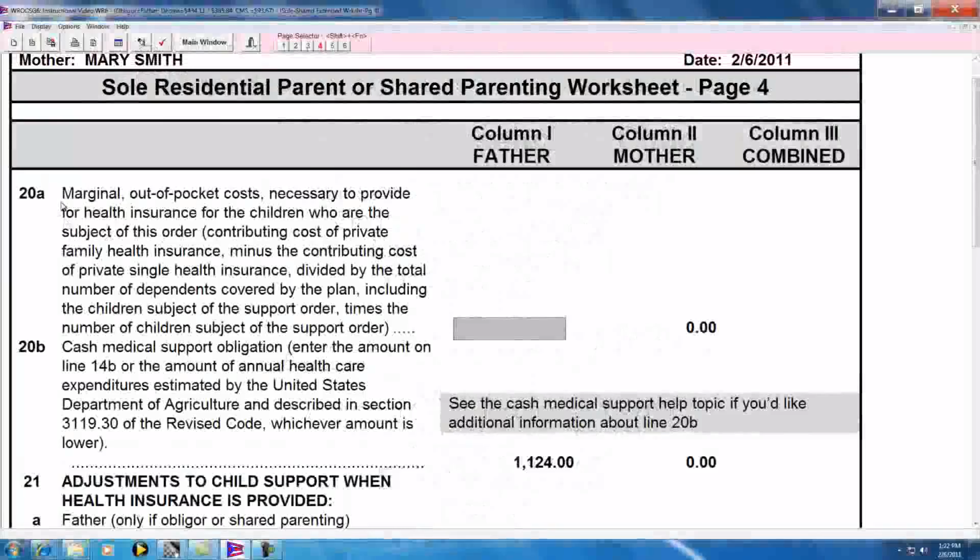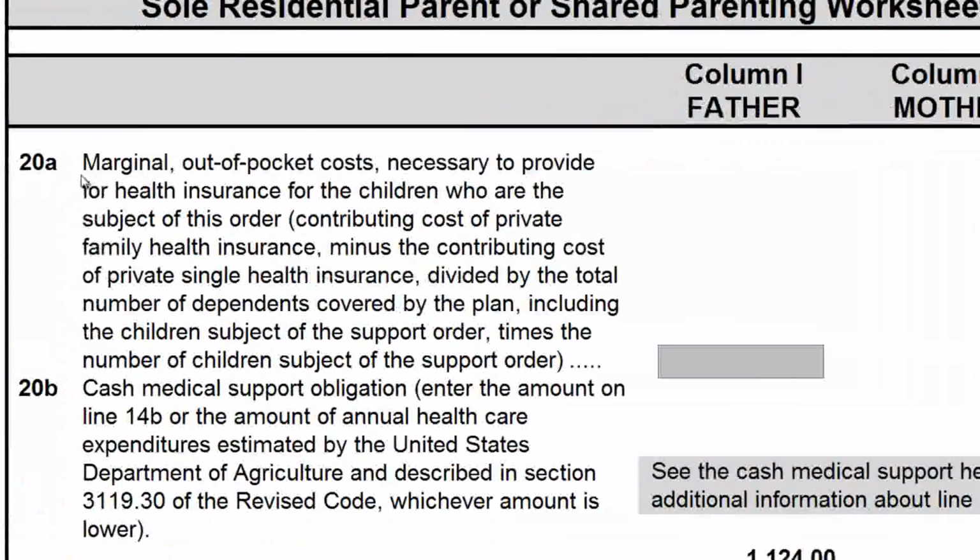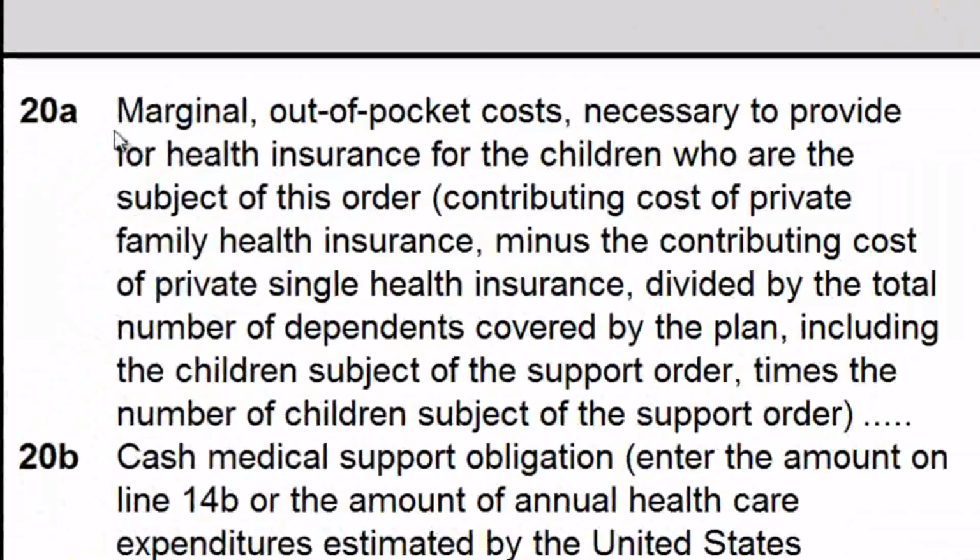Line 20 is the cash medical support obligation. It has two parts. Line 20A is for out-of-pocket costs necessary for providing health insurance for the children. The formula for putting an amount on this line involves taking out-of-pocket health insurance costs and subtracting the costs for persons who are not the children being addressed in the worksheet.